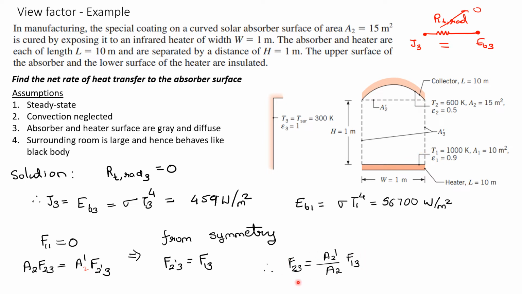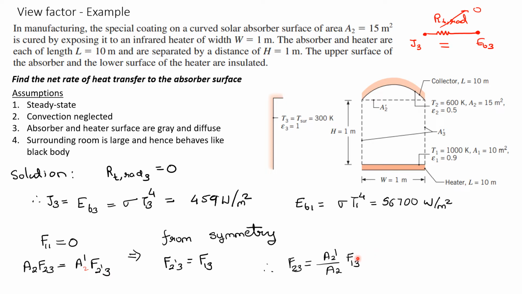So now using reciprocity, just using this relation, we get F23 equals A2 prime by A2 multiplied by F13, and we'll use this relation later to find F23, but in this case we don't know F13, so we have to calculate that.